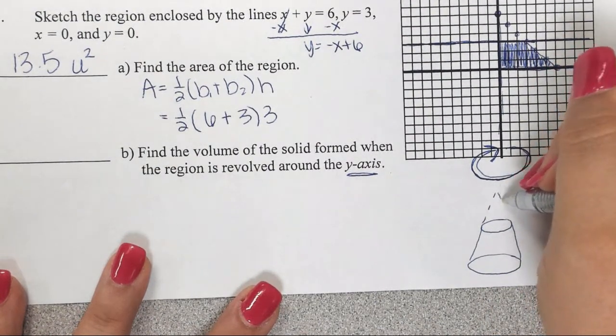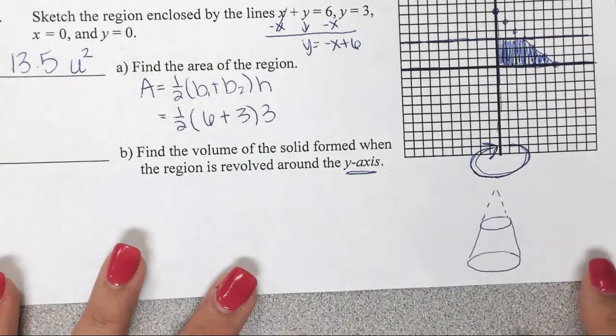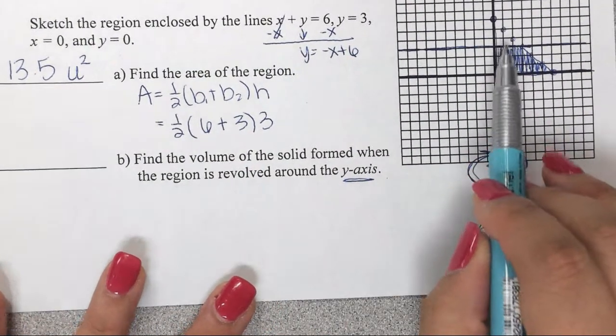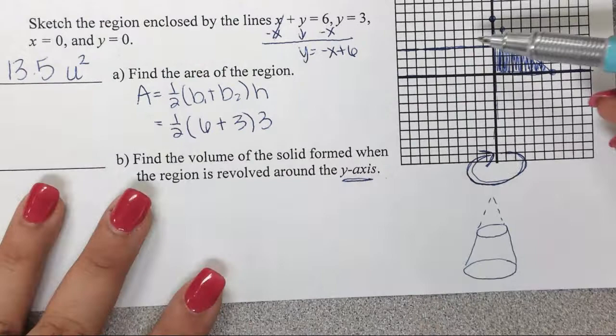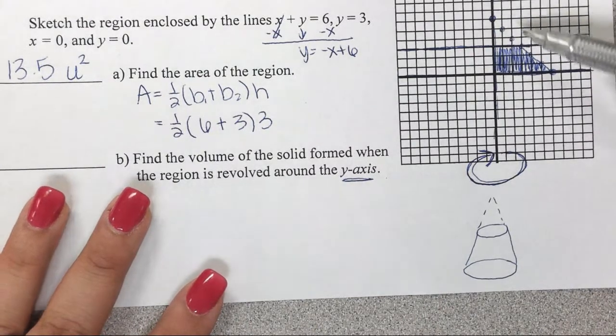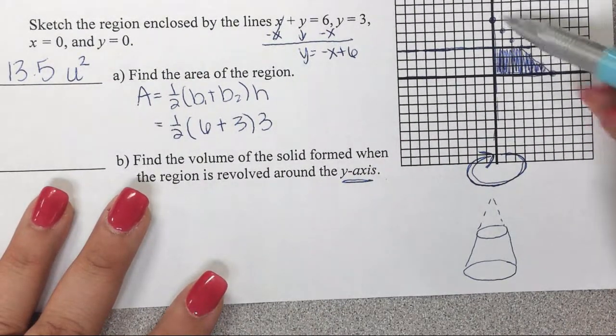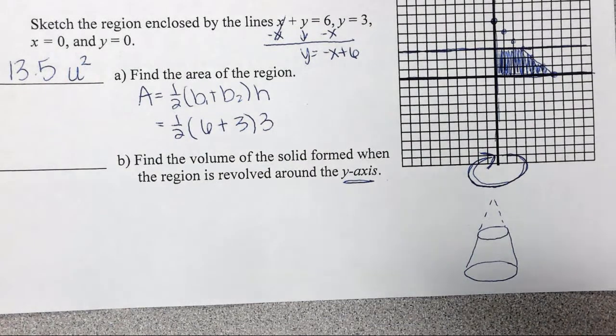The top is gone because it's a truncated cone. The top isn't shaded, so we're not including that. It's a cone with the top chopped off. That's called a truncated cone. How would I find the volume of that bottom part, Teresa?